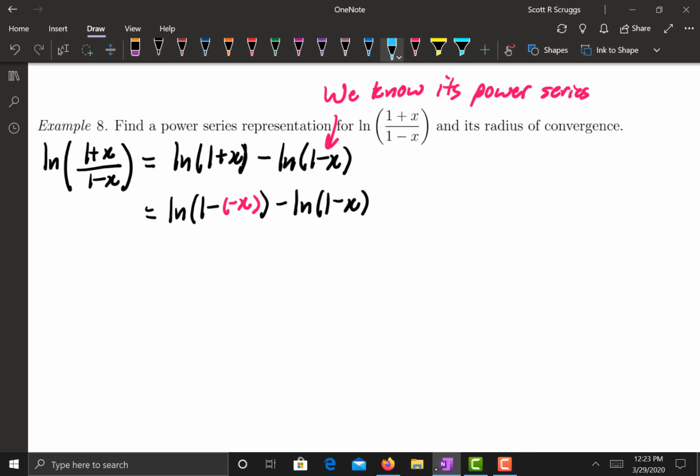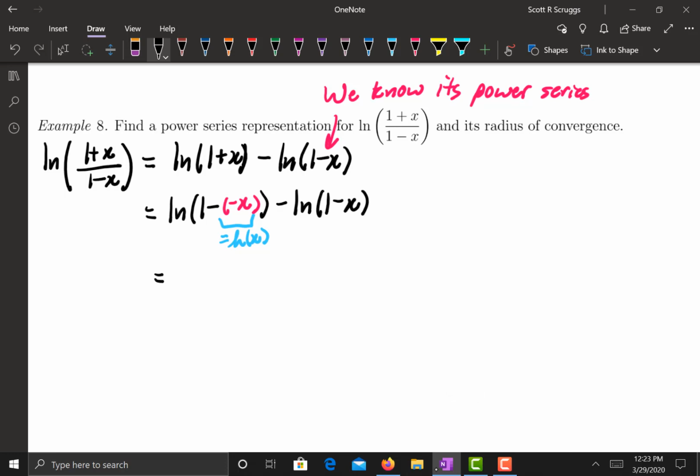So this is a case where I have a composition inside a power series that I currently know. So I get to use my property of power series, essentially part 3 of theorem 2, that says instead of x, I replace it with h of x, in this case negative x.